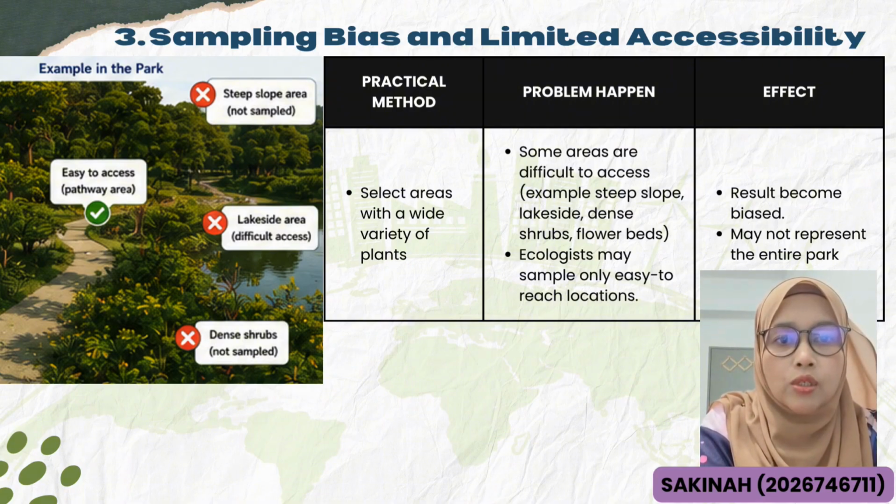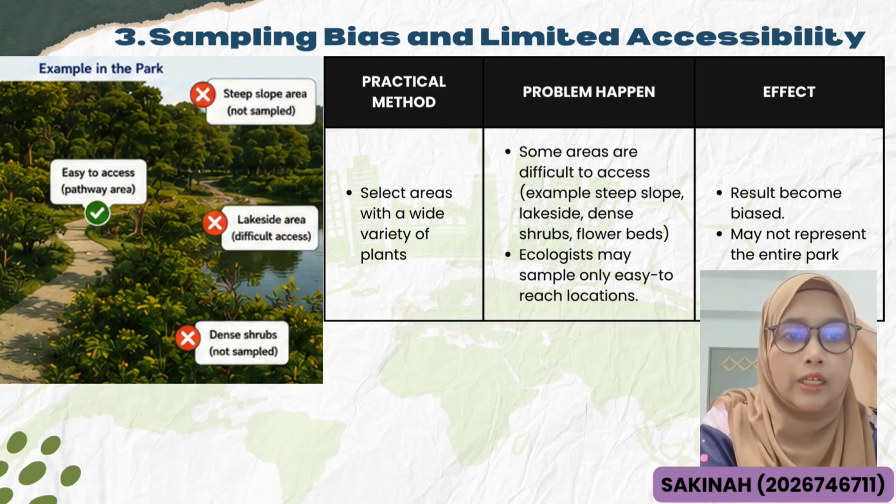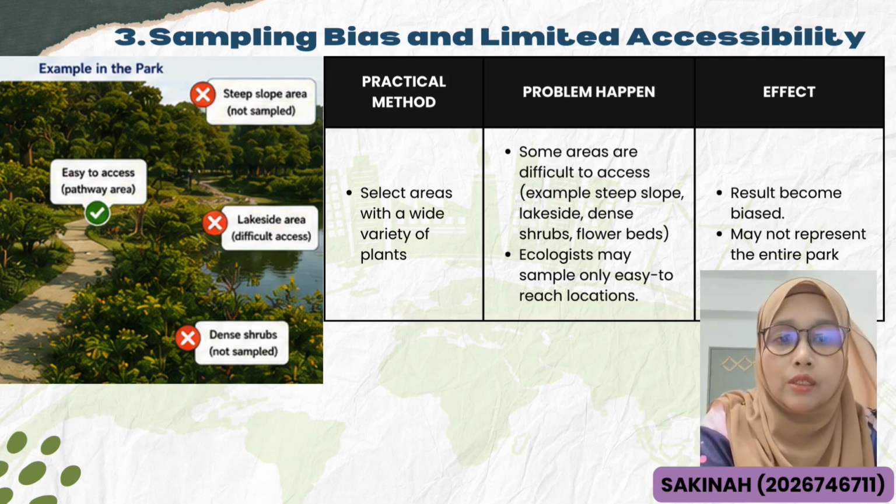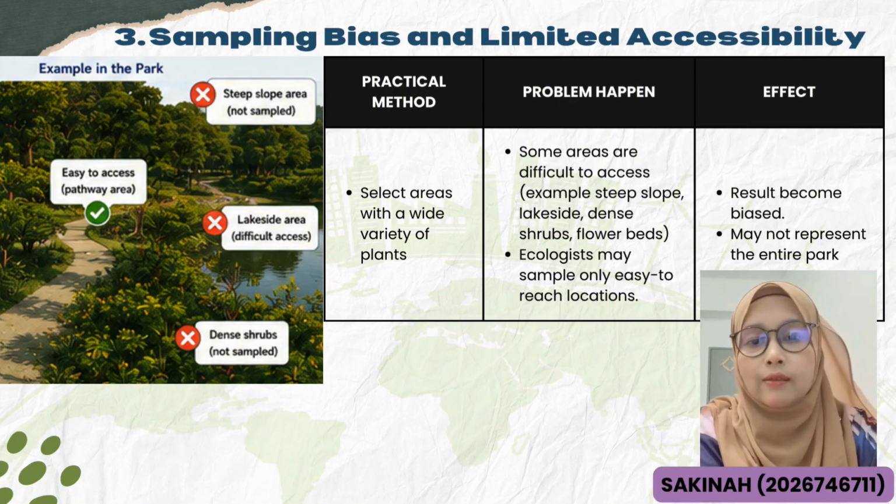Researchers may choose only areas that are easy to access, such as near a pathway. This creates sampling bias, where the sample does not represent the entire study area. To reduce this problem, quadrats should be placed in different representative locations.